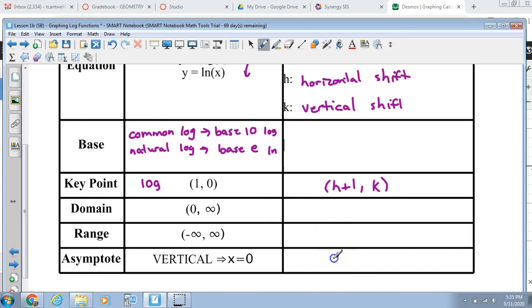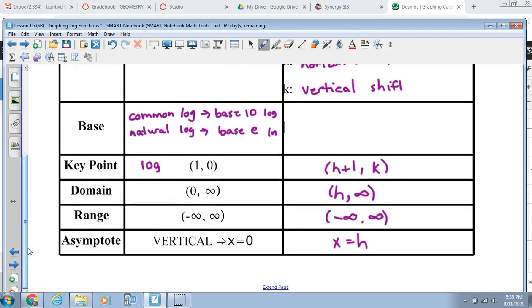We have a vertical asymptote at x equals h. Now our domain here is everything from that vertical asymptote of h on over. And our range is all real numbers from negative infinity up to positive infinity. So these are our key values that we're going to be using when we graph some logarithmic functions.